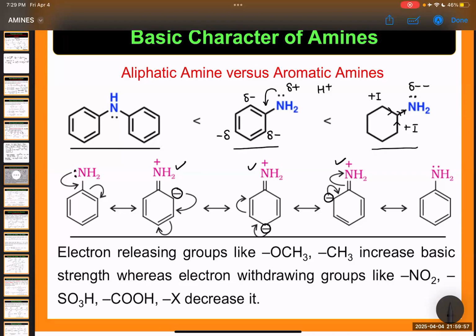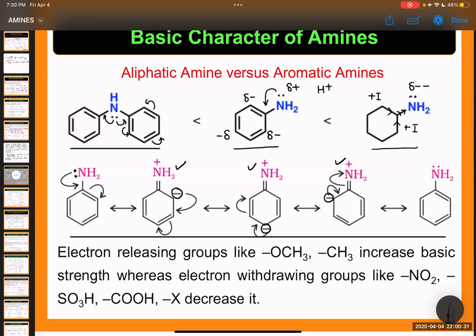And diphenylamine is going to be further very less basic. Why? Because the delocalization is even more than aniline. In aniline, which I have written below, the lone pair of nitrogen got dispersed at 4 places: nitrogen and 3 on carbon, ortho and para positions. So it got distributed at 4 places. And in diphenylamine, it is dispersed at 7 places.